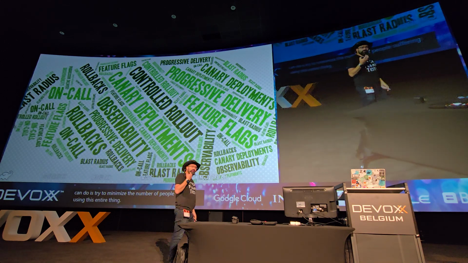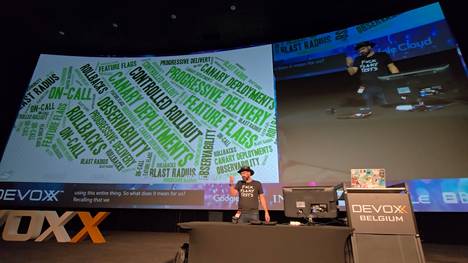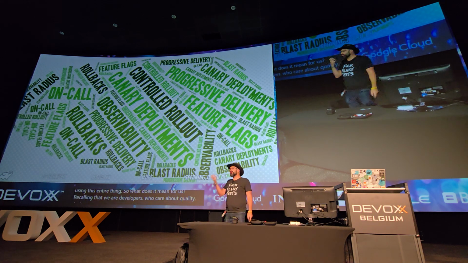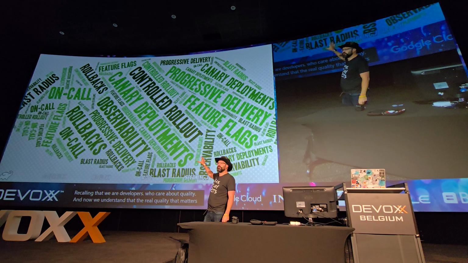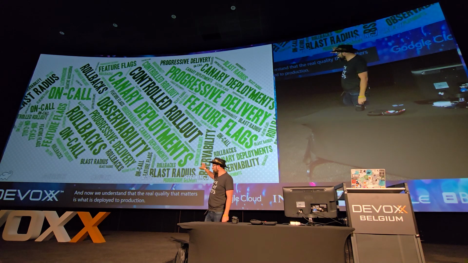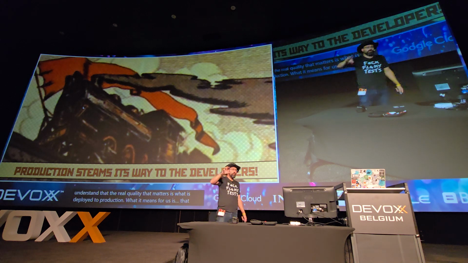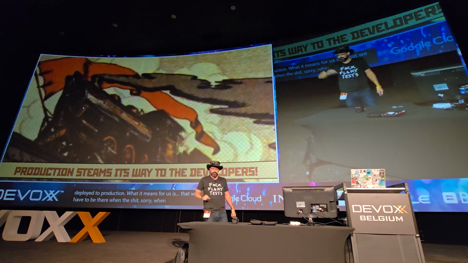So what does it mean for us? Recalling that we are developers who care about quality, and now we understand that the real quality that matters is what is deployed to production. What it means for us is that we have to be there when our code is deployed.